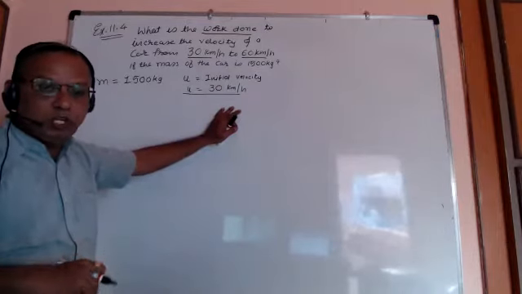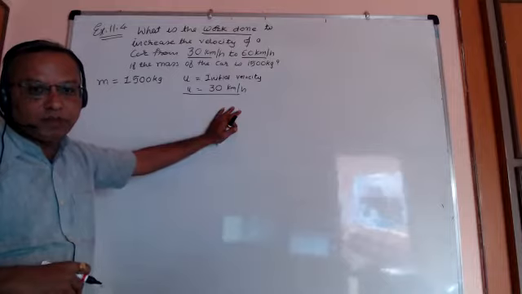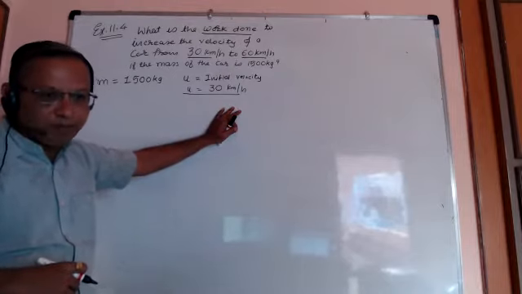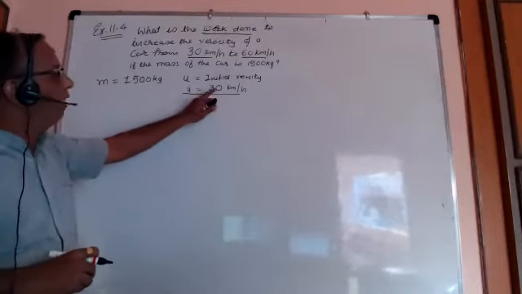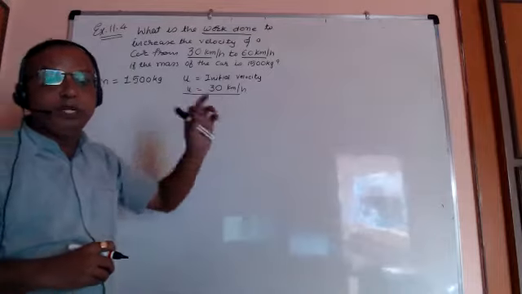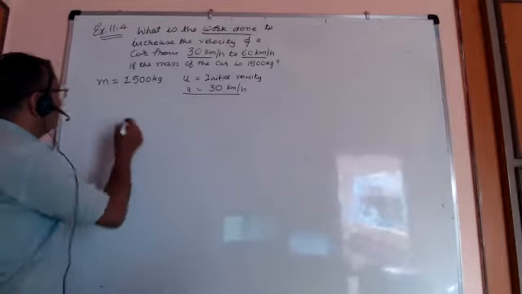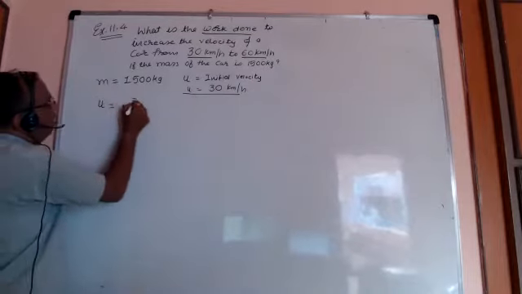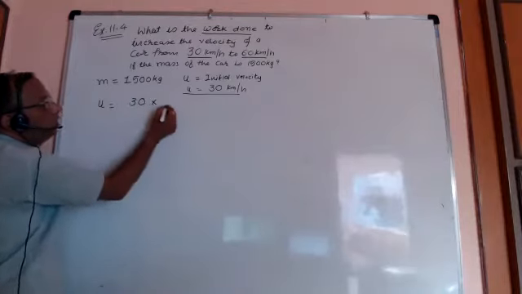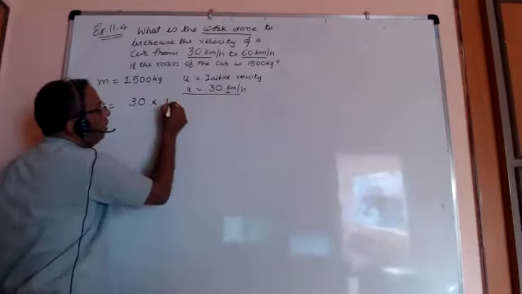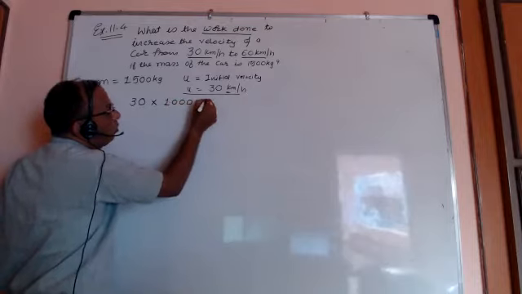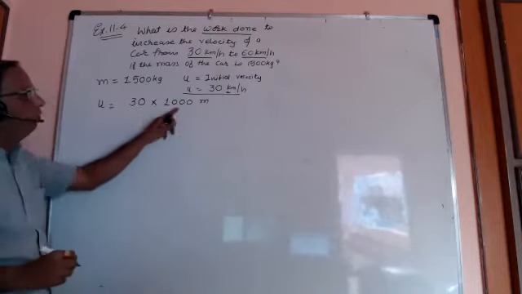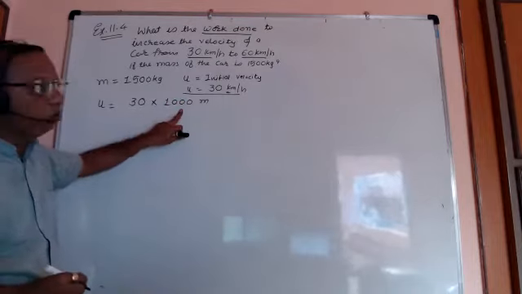Meter is the unit for length or distance and second is for time. So friends, we have to convert this value into meter per second. How is it possible? So u is equal to 30 kilometer, and 1 kilometer is equal to 1000 meter, so here we have to multiply by 1000.